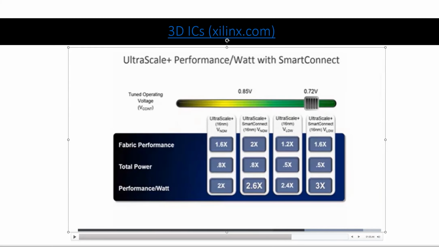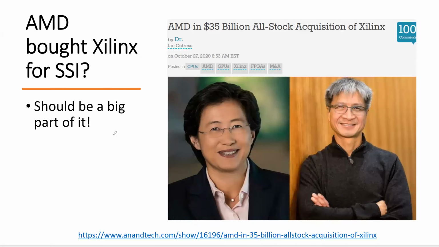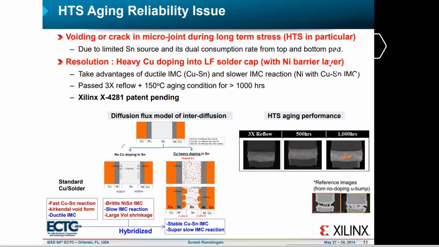And so I think that's a major reason why AMD bought Xilinx, pretty much for their IP and learning. Xilinx also said that they have patents on various process-related issues. Voiding and cracking happened during the process. They said they have many patents pending to address each issue.